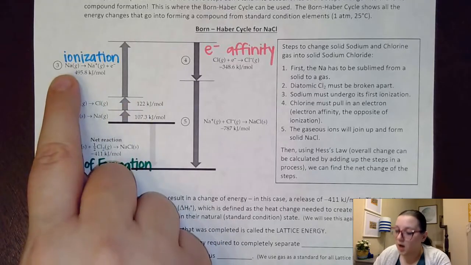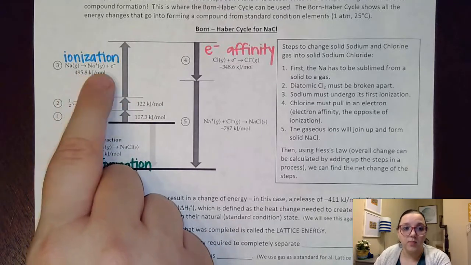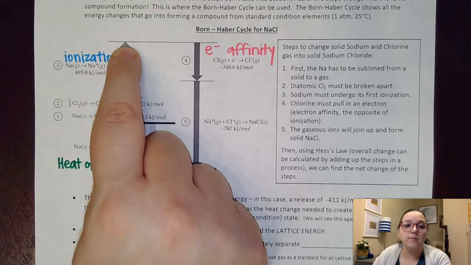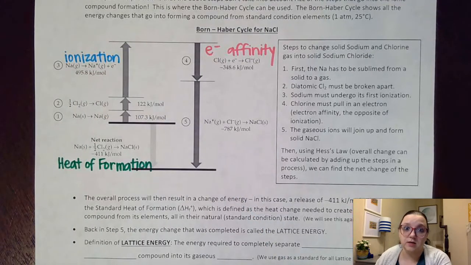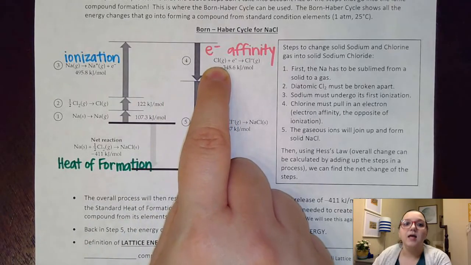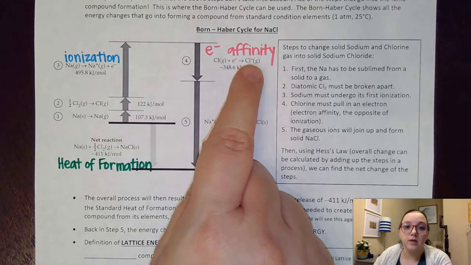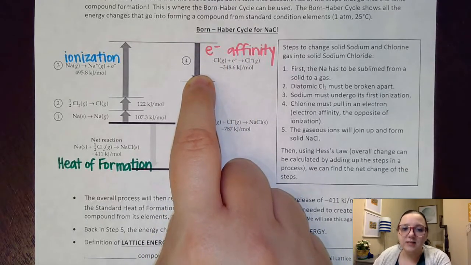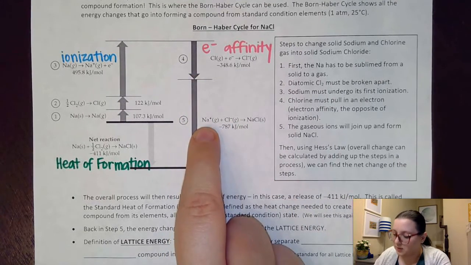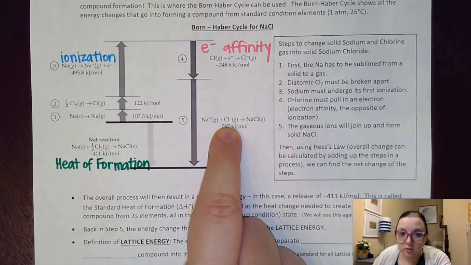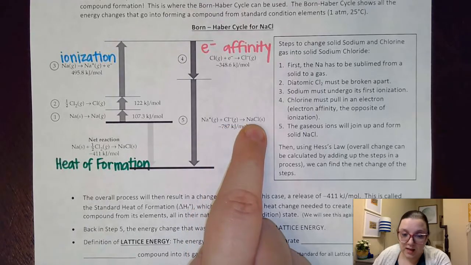Then I have to ionize, as we talked about a minute ago, that sodium and change it over into sodium positive 1. Then you also have to take the chlorine gas and convert it into chlorine negative 1, and that actually releases energy. Last but not least, we would come down here to join up the sodium ion and the chlorine ion to end up forming NaCl.